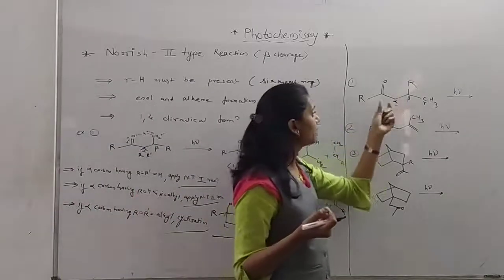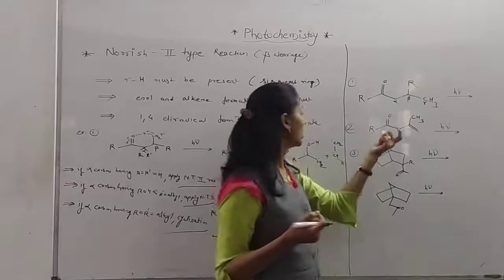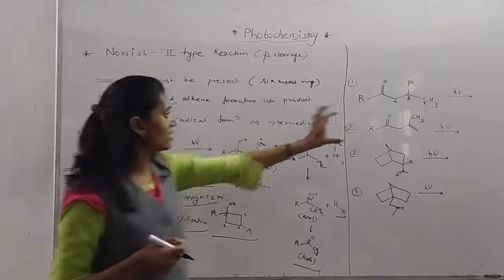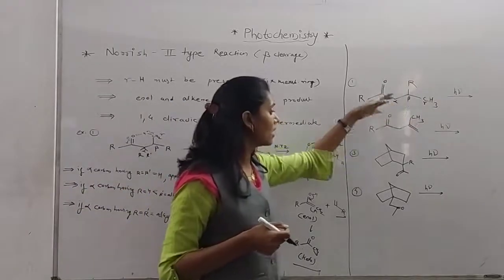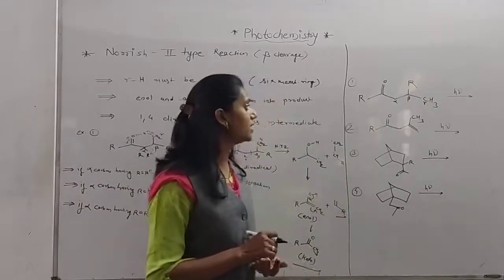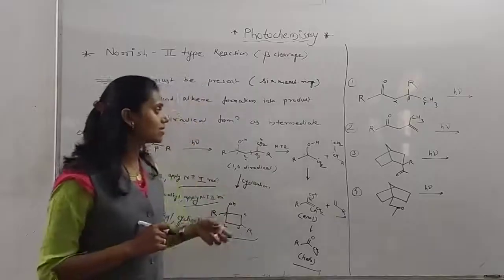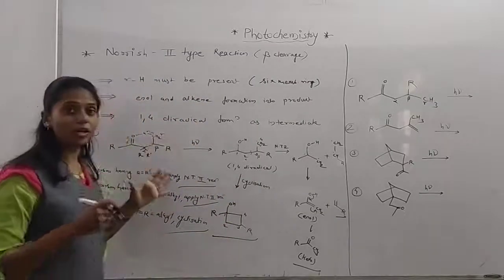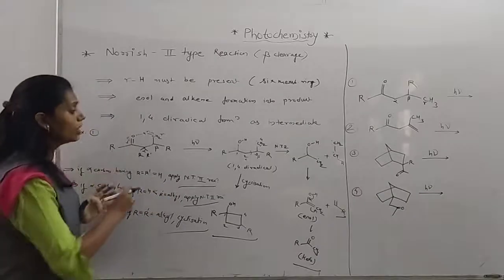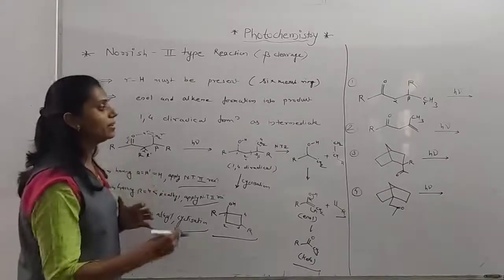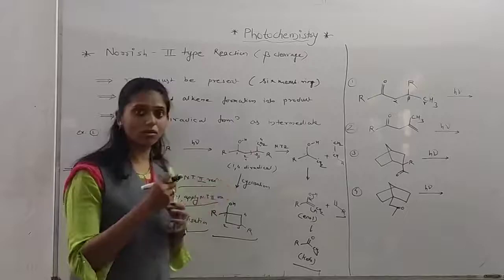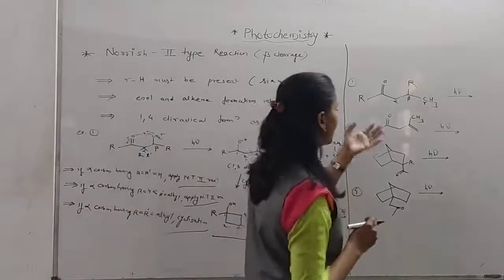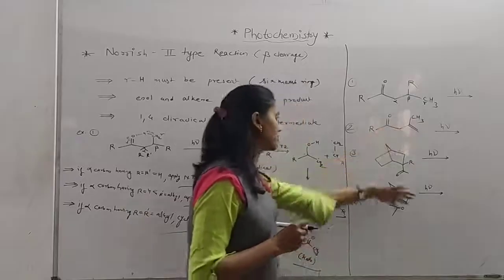On that basis decide cyclization or Norrish type 2. This is for the general example I have told you. Another example we have seen here, and as the product changes, the rule also has some changes. We have seen this by using these examples.